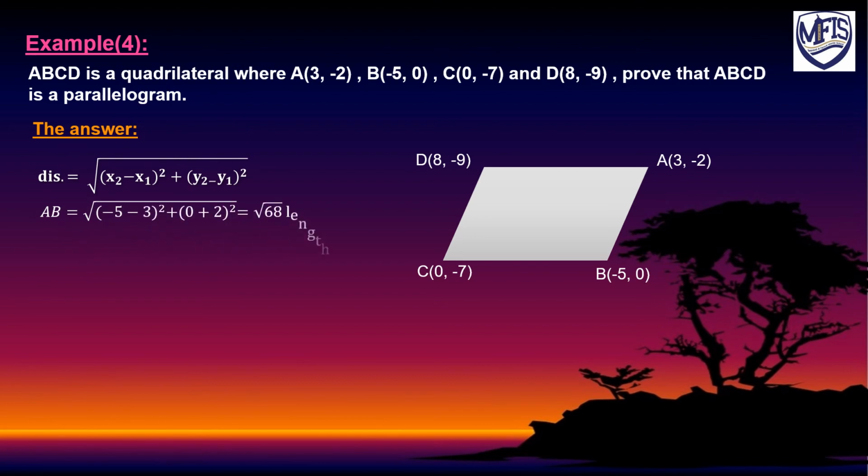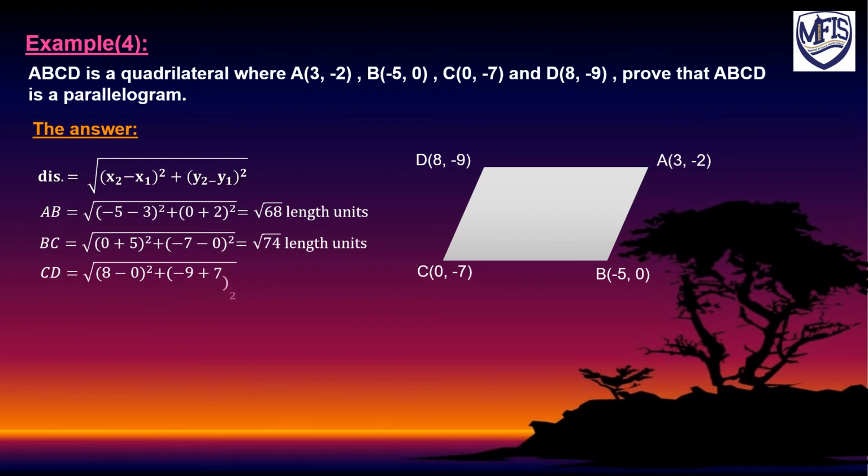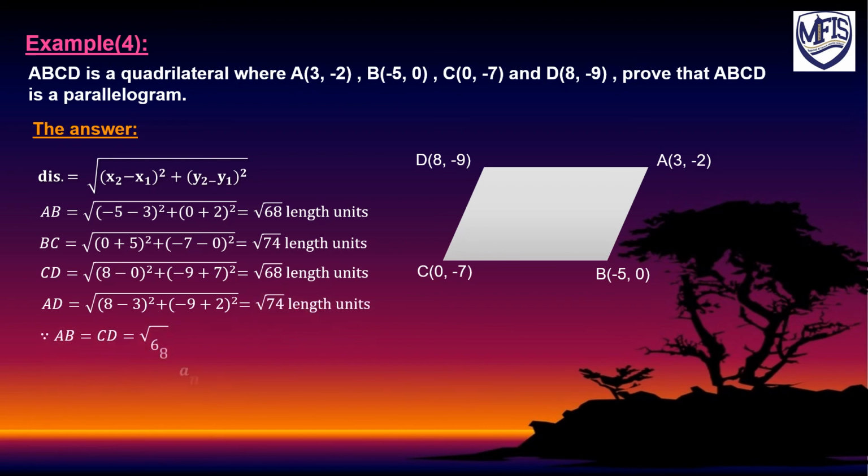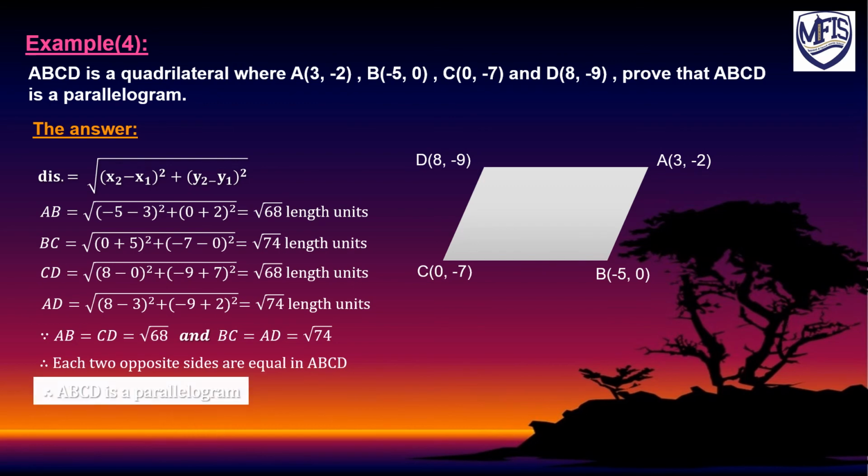AB equals root 68 length units. BC equals root 74 length units. And CD equals root 68 length units. Okay. And AD equals root 74 length units. As we can see, here I have each two opposite sides equal in length.